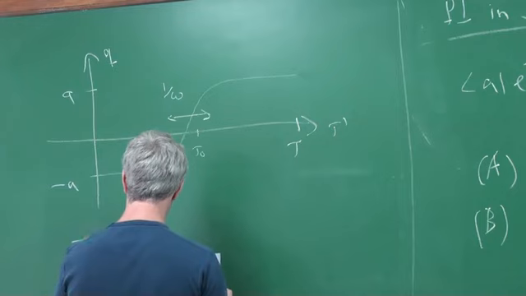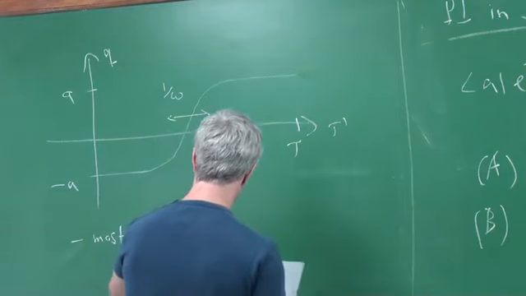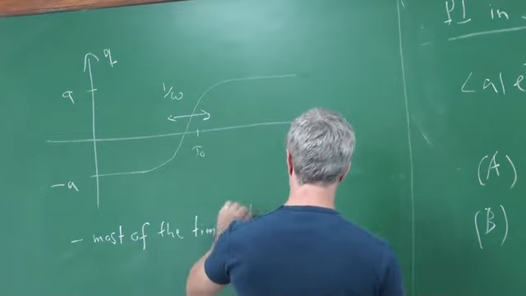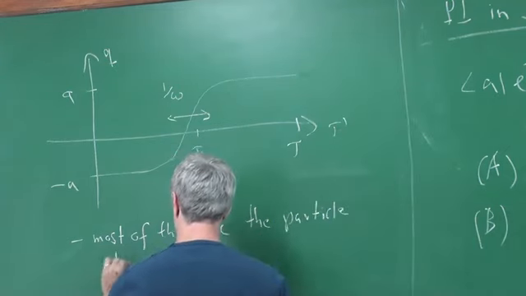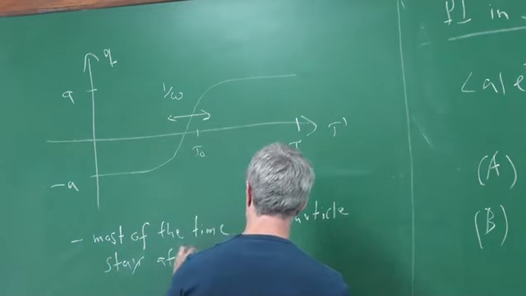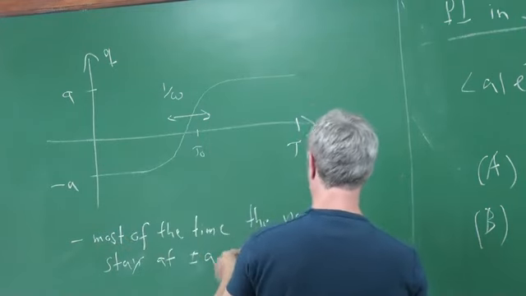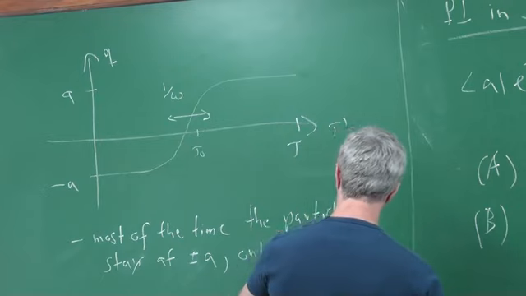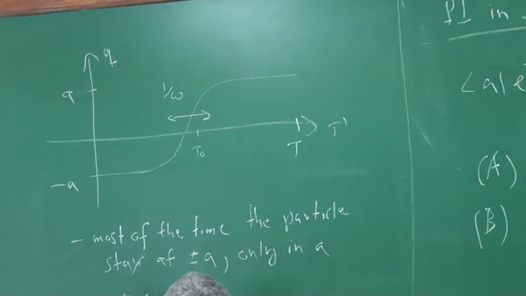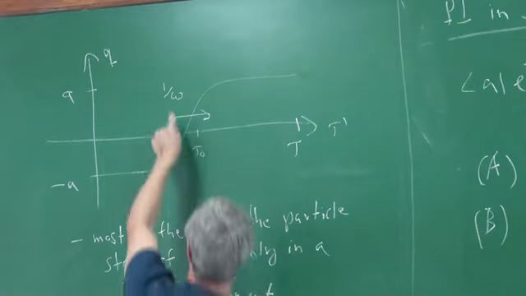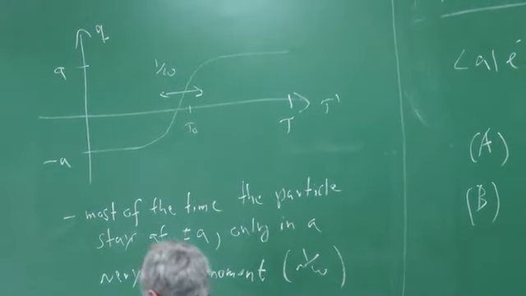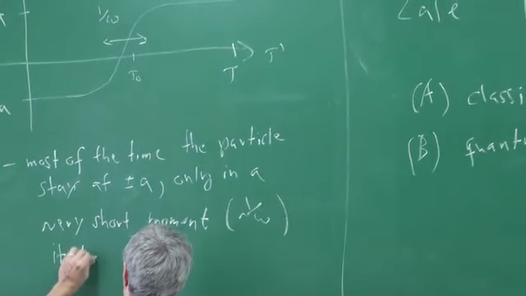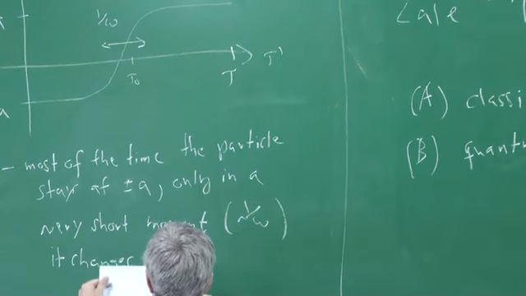Most of the time the particle stays at plus or minus a, the two values of q, and only for a very short moment, set by the time scale 1 over omega, it makes the transition, it changes position.